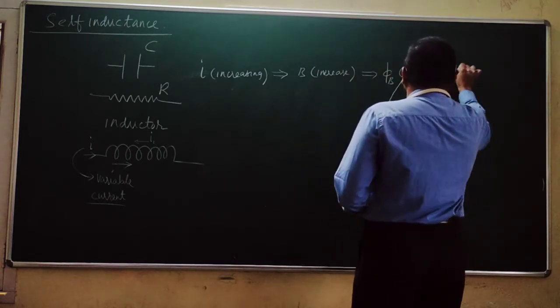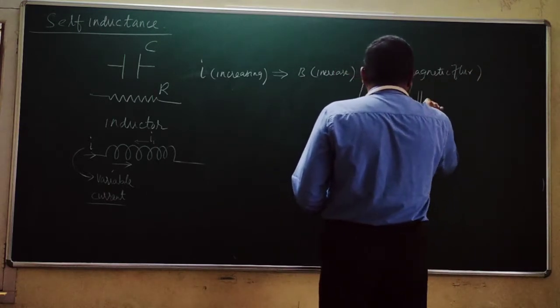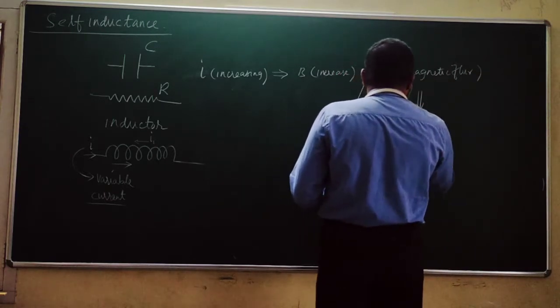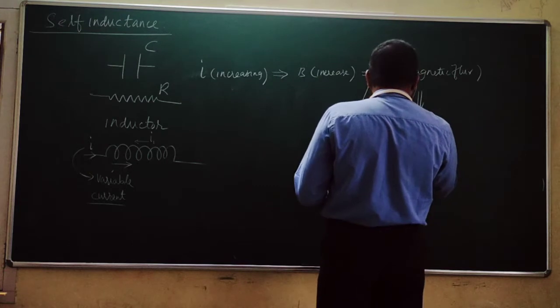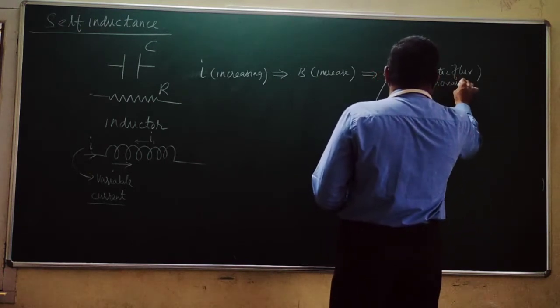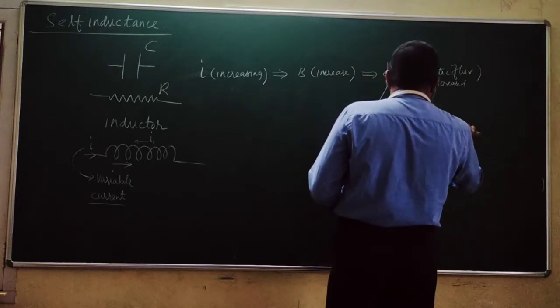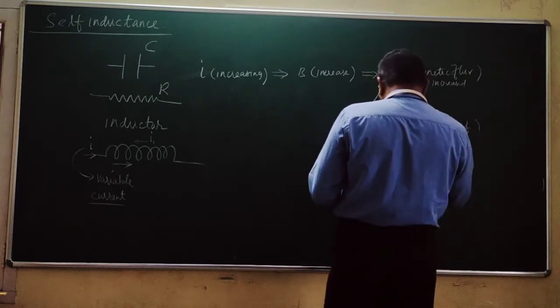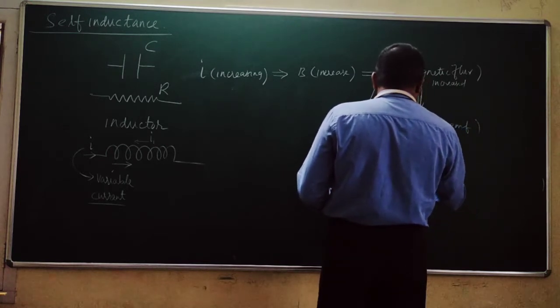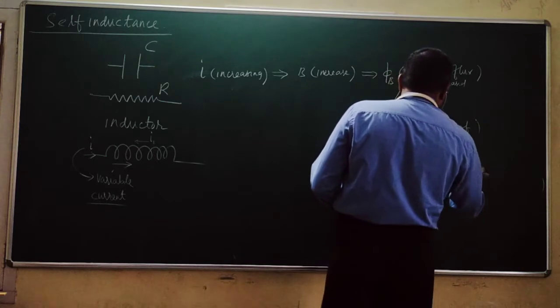If the magnetic field is increased or changed, then the magnetic flux is increased. This will produce an induced EMF. This will in turn give an induced current.